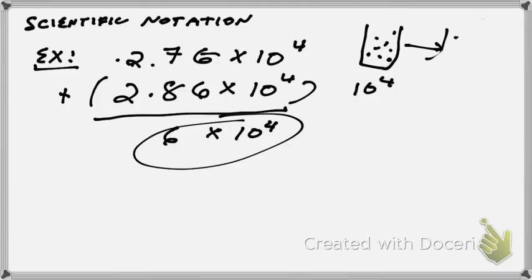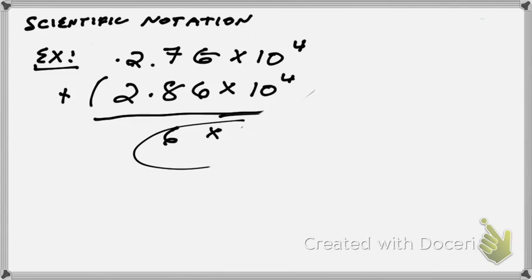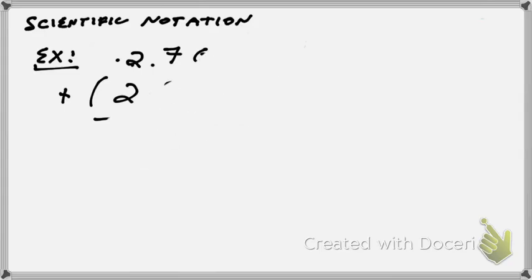Now it can get a little bit complicated, and let's just look at this next example so we can see how we are going to correct that issue. All right, so let's look at that example.